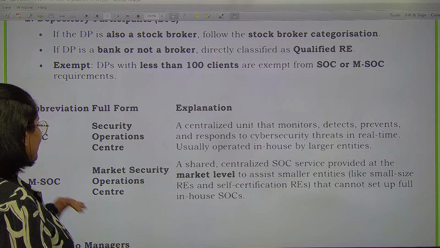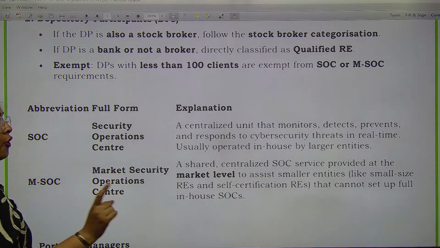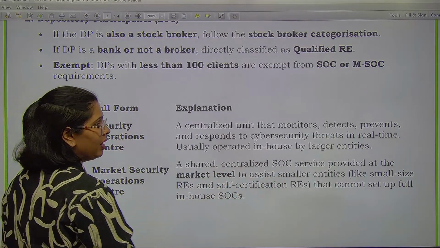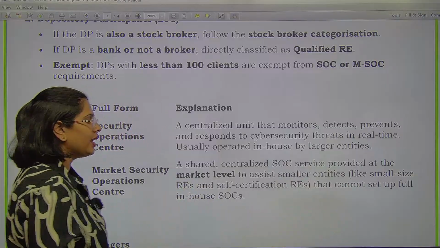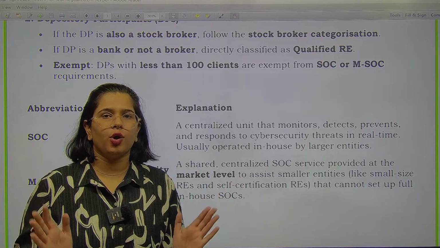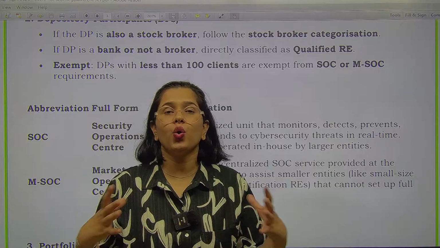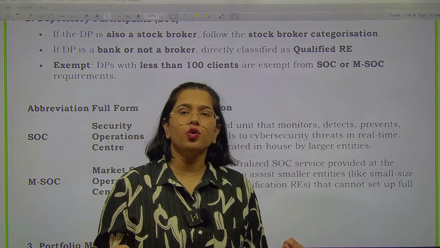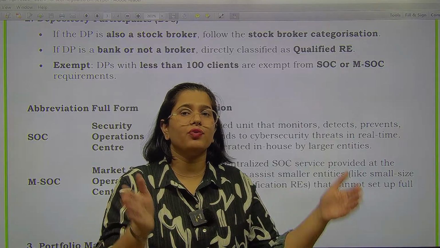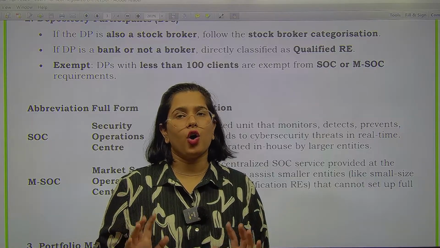So it is called as MSOC, that is Market Security Operations Center, where there is a centralized SOC service provided at market level for smaller entities who cannot set up their own SOC. Now understand this, if you cannot establish your own cyber security center, you can also outsource it, or you can have this shared facility with one operator who's providing these services to everybody else also, right?